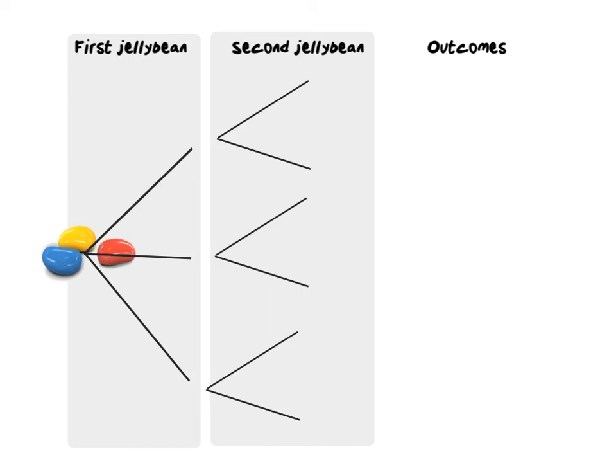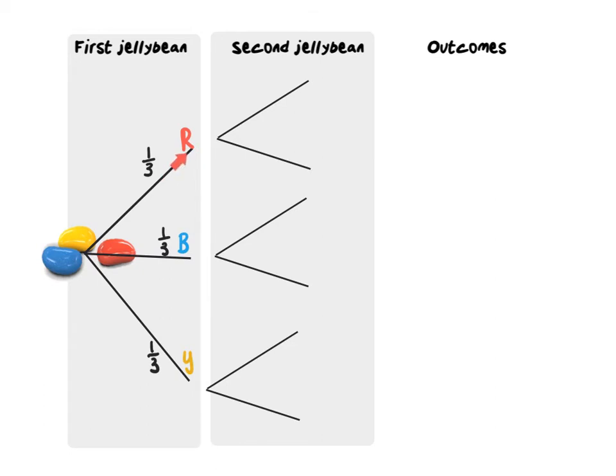So that means that I have a red jelly bean, a blue jelly bean, and a yellow jelly bean to start off with. Just like in the previous example, choosing either of these jelly beans would be a 1 in 3 chance. But if you like jelly beans as much as I do, you would eat the jelly bean after you've chosen it.